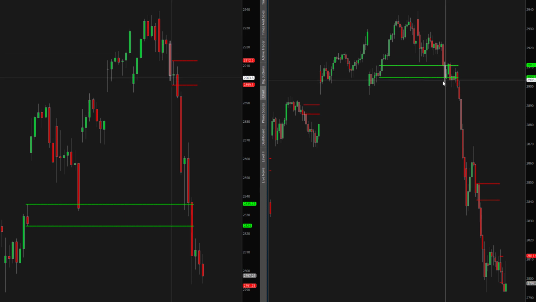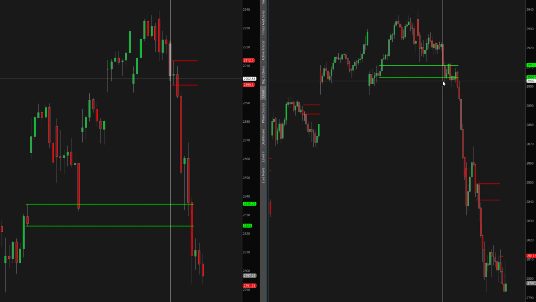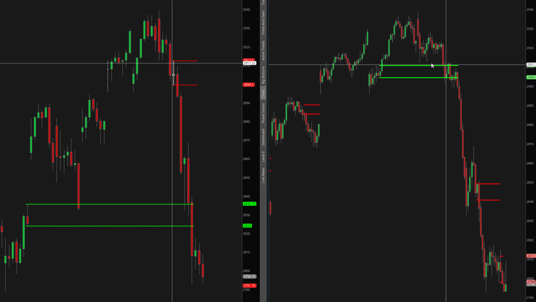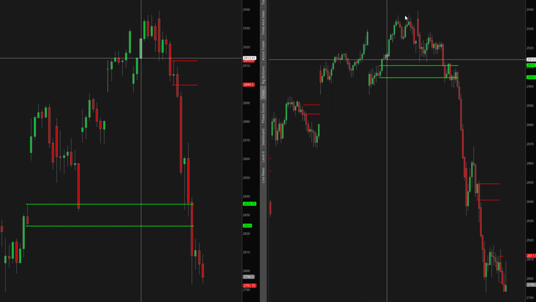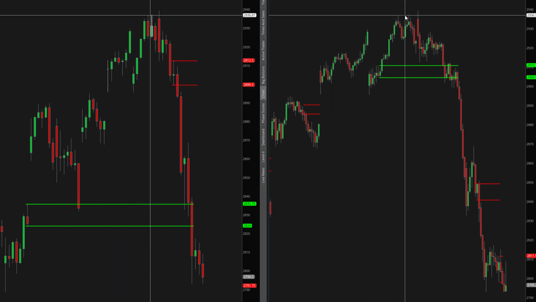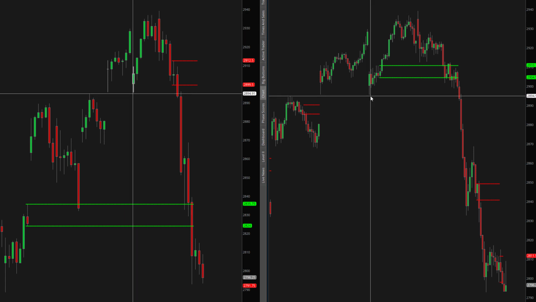So I always look for what I consider to be the last pivot, which is where price pivoted higher and made a new high. And once that last pivot is broken and we've created structure to the downside, then I consider the trend to have flipped.